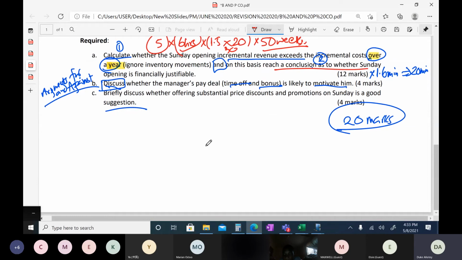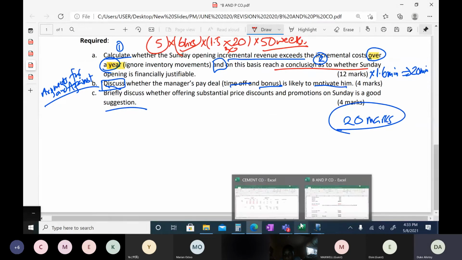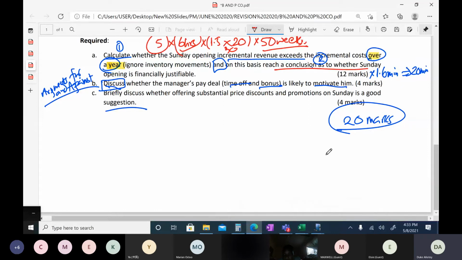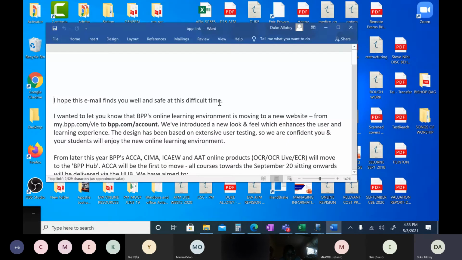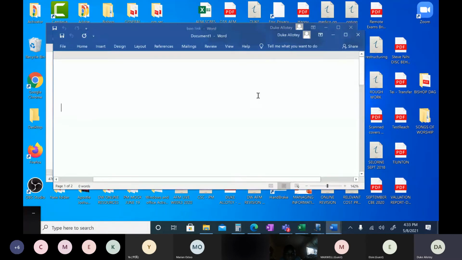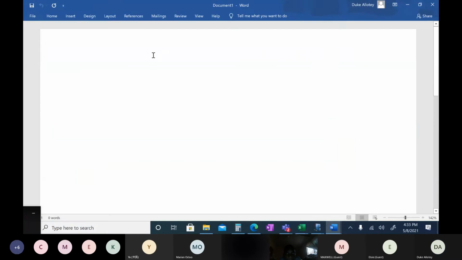Now, the B part says, so in a typical question like this, we would want to use MS Word, the word processor platform, to do this. So the B part, you label it as B and you begin to type your answer.